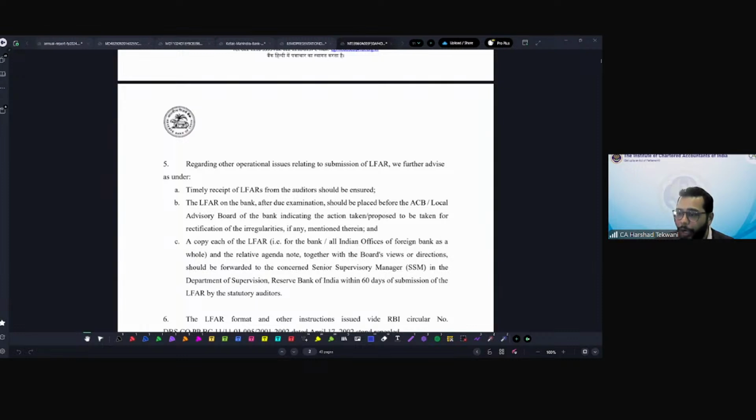Now, the second important part is what are the other things with respect to the CRR or SLR. We will simultaneously refer to the study material, so let's come to page 14.21.